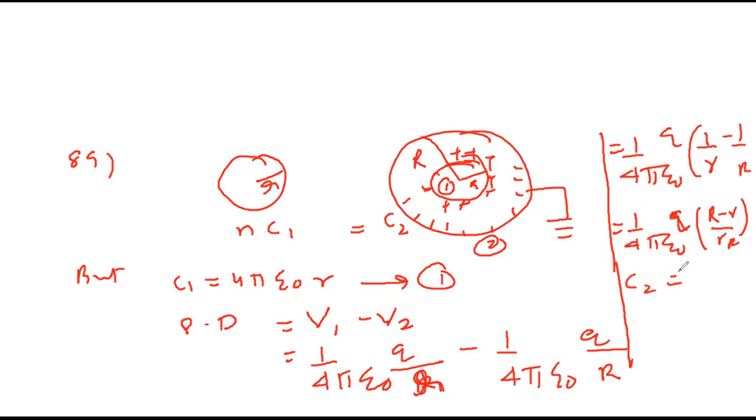Now C2 is q upon potential difference, as per formula. So q, this is 1 upon 4 pi epsilon naught q into R minus r upon RR. Can I cancel this q?